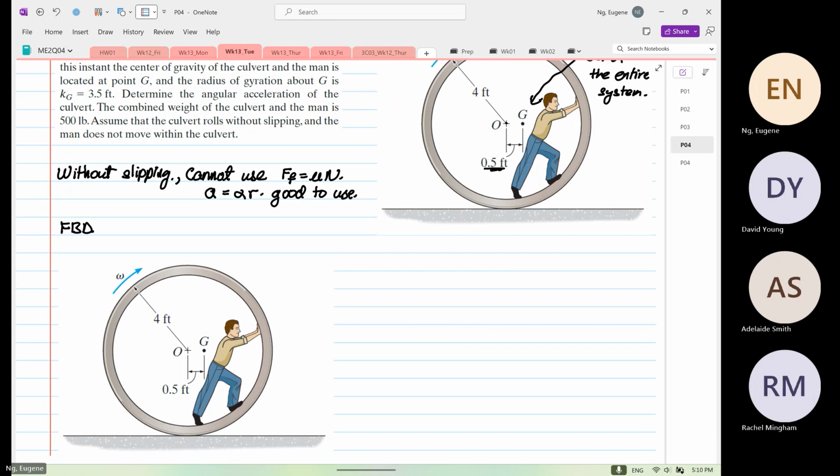Okay. So we know that this is acting downwards at point G, 500 pounds. Okay. So we know that this is the motion. Okay. Question for you, friction force, going towards the right or going towards the left?